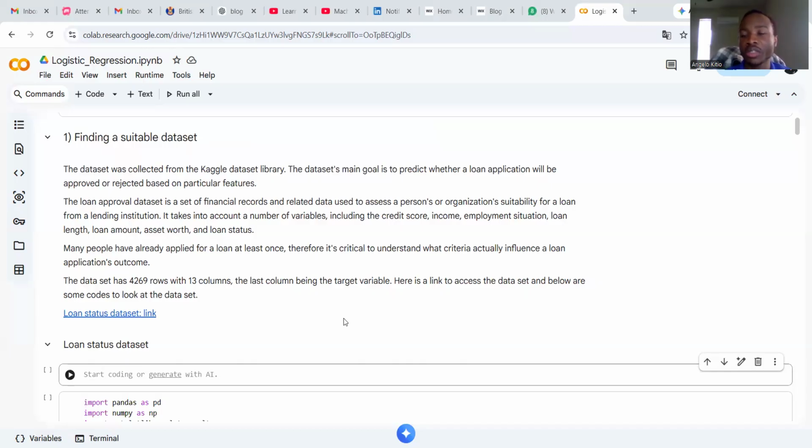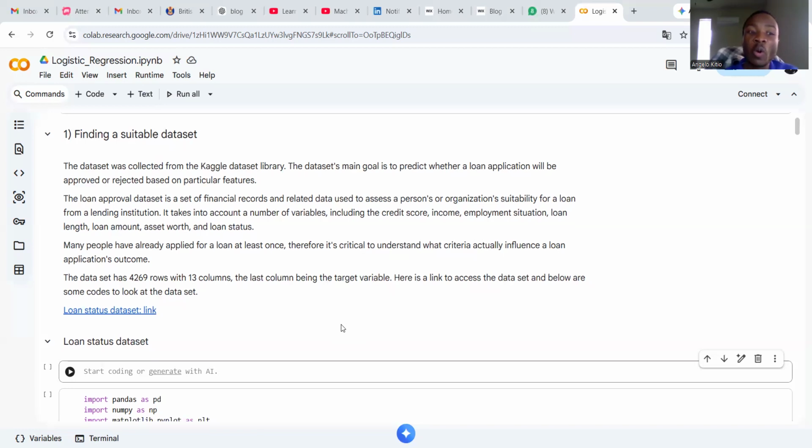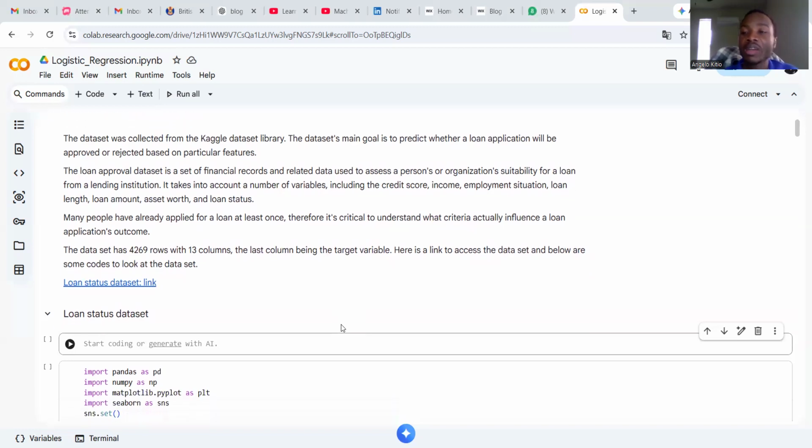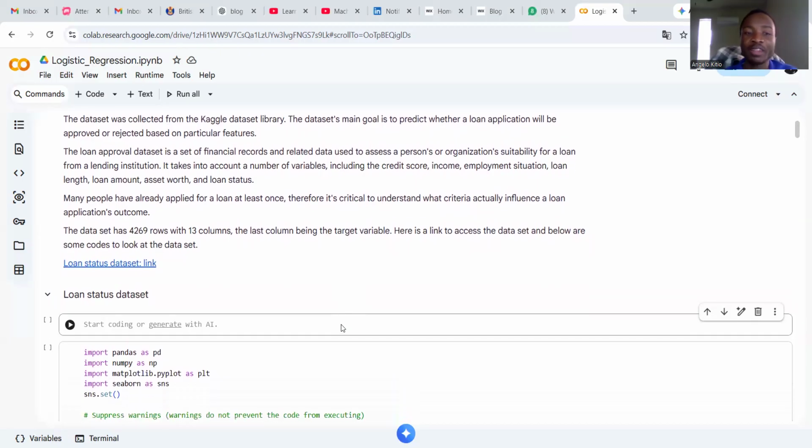So a student loan helps a lot of students. If you get lucky to get free education, that's fine too, that's perfect. But a lot of students have to apply for student loans, and when they apply, it's not guaranteed that they will get approved or rejected. So this is why I chose this.